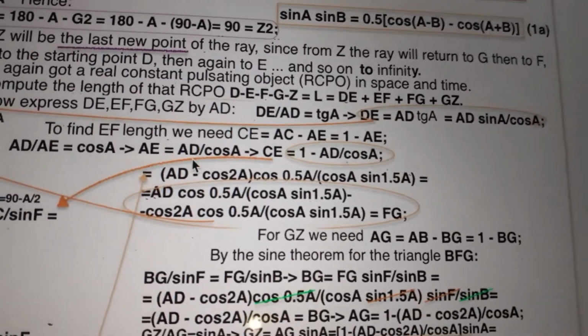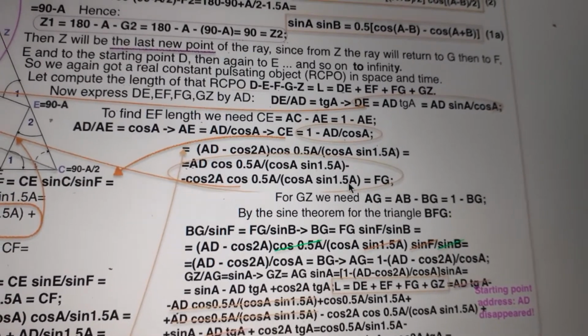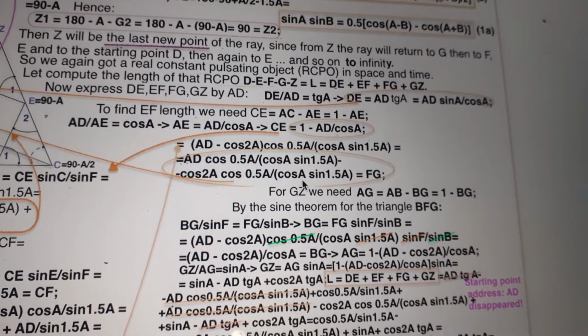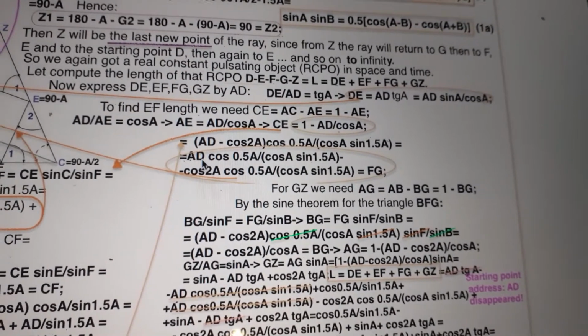FG is equal to the sum of two summands also. One of them depends on the AD starting point address, and the other summand does not depend on this address of the starting point.